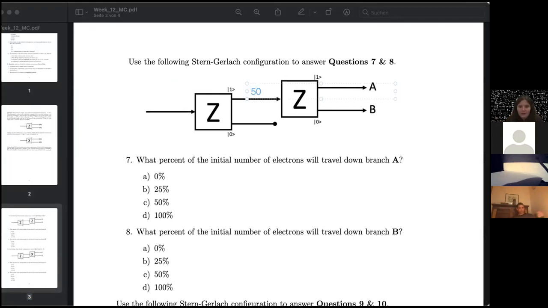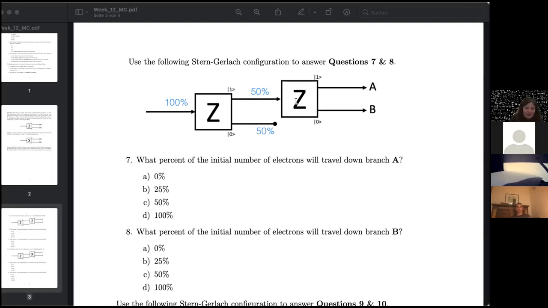So I get 50% here and 50% here. I start with 100%. I take half of my electrons and put them into this dot, so I don't use them anymore. I have only half of my electrons left after the first apparatus. Now I put them into the second one.